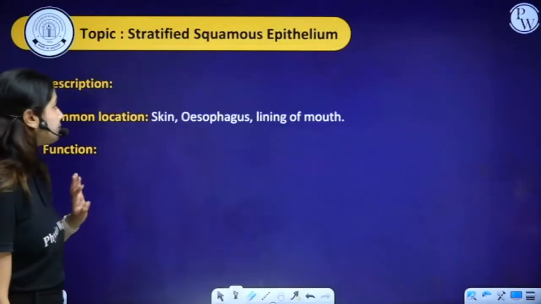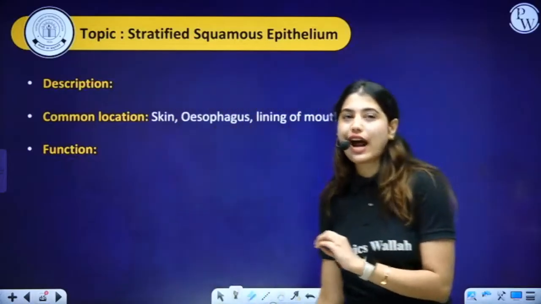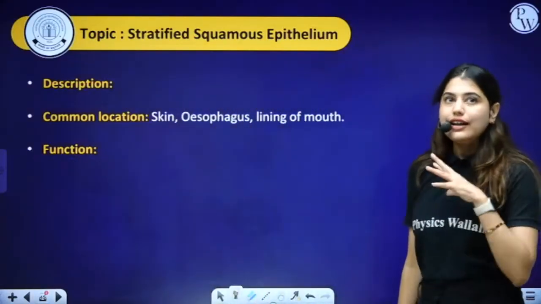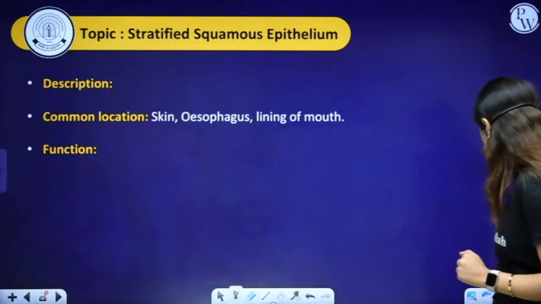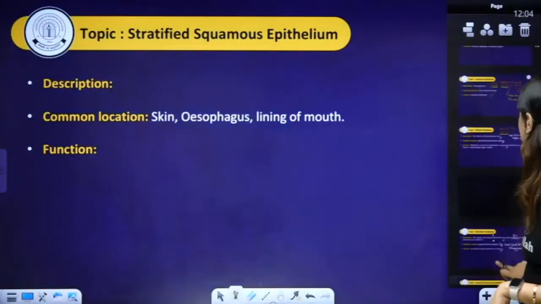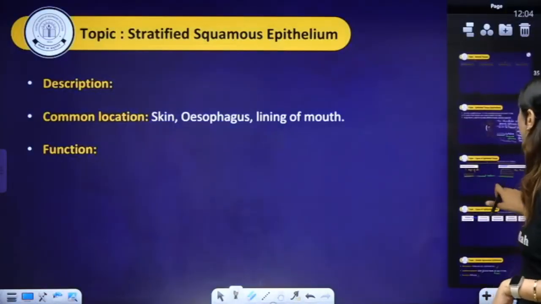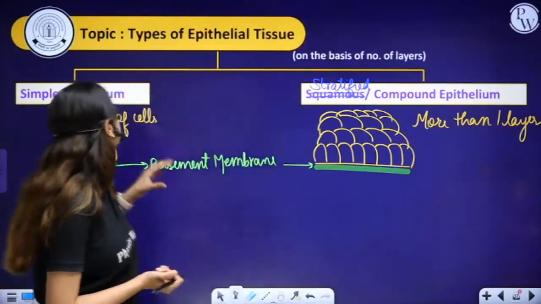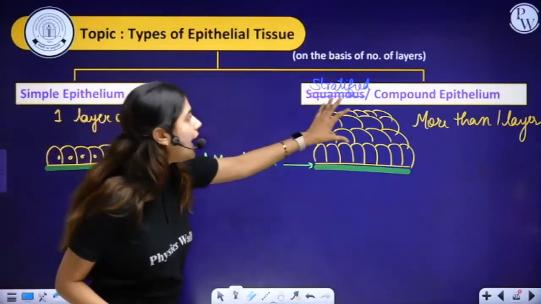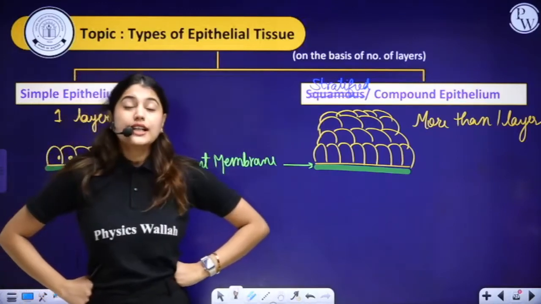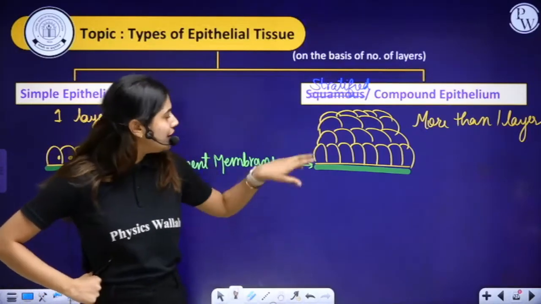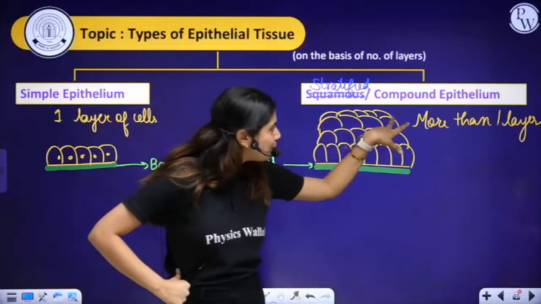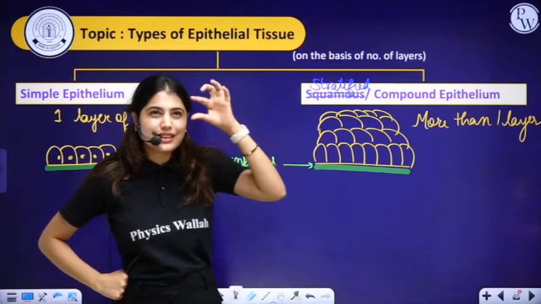Lastly, we have stratified squamous tissue. Stratified squamous tissue is nothing but what we were discussing here. Do you remember I told you that there are two types of epithelium, the simple epithelium and the compound epithelium? In this compound epithelium, on the top I have drawn very flat cells.